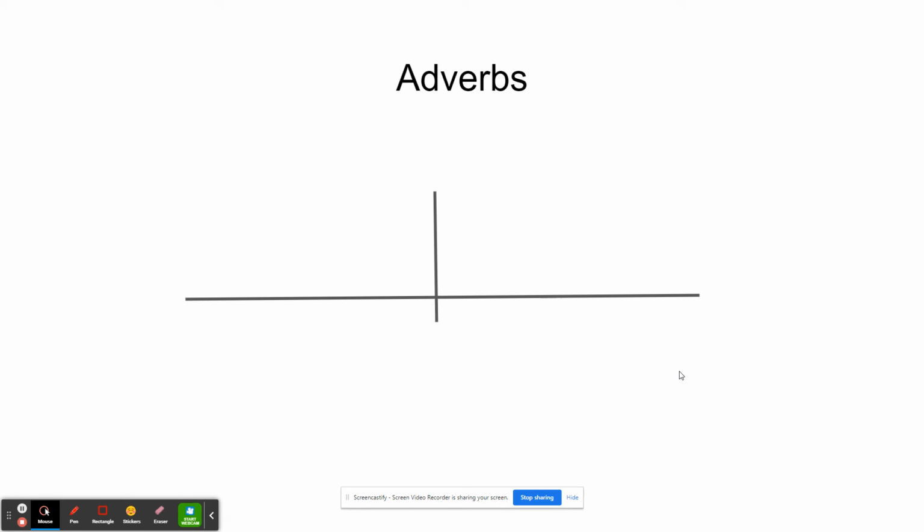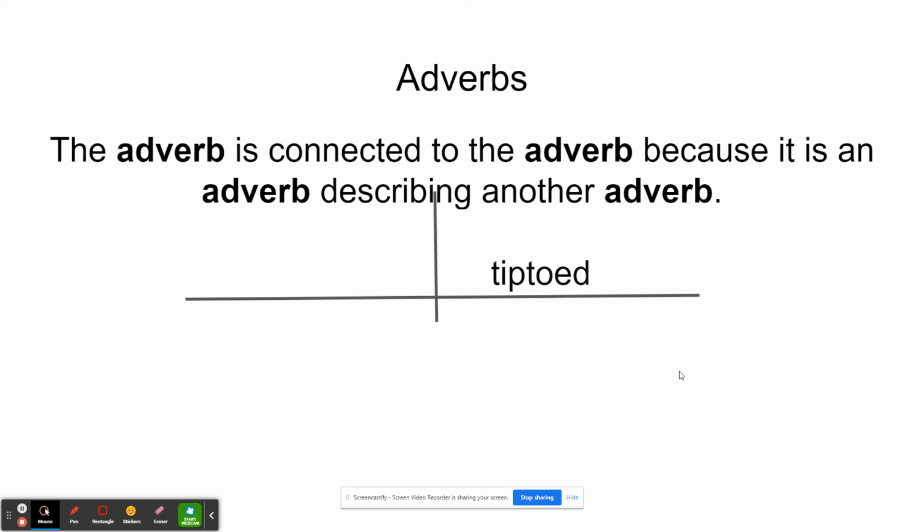Tiptoed. Now, who or what tiptoed? You got it. Carlos. Now, scholars, let's think: tiptoed how? Quietly.